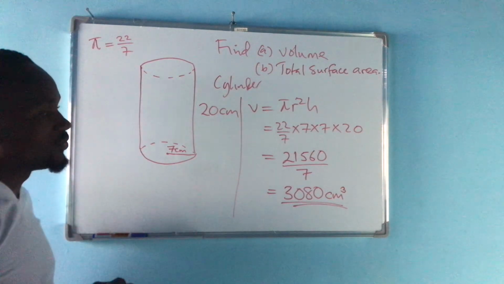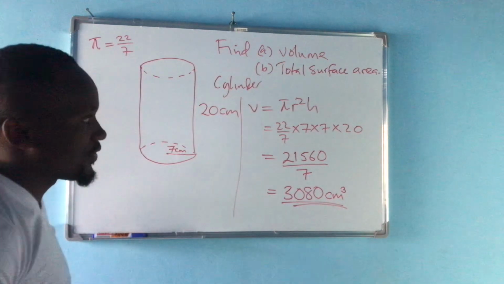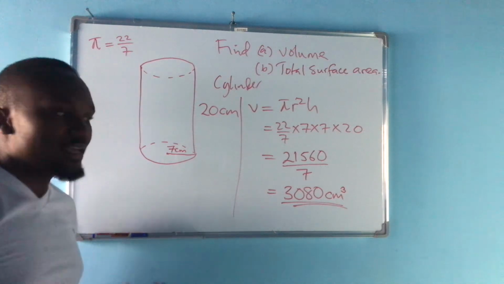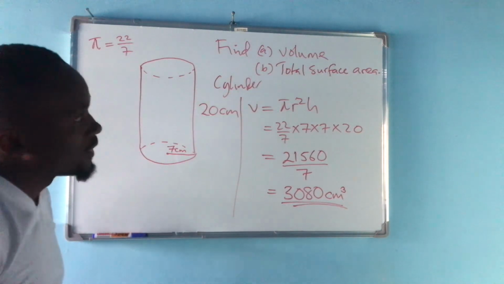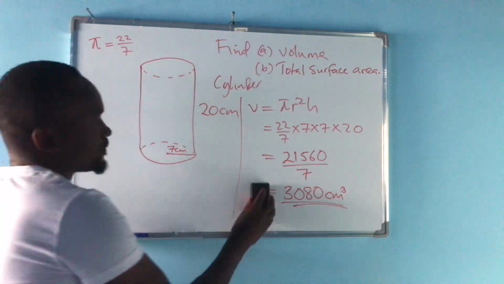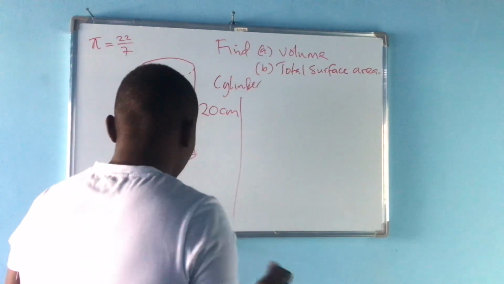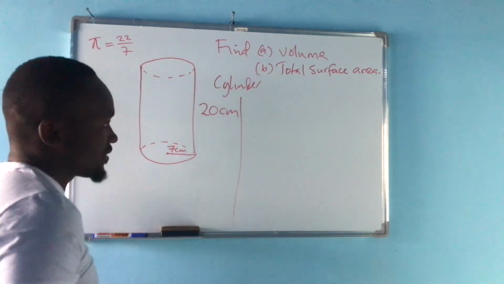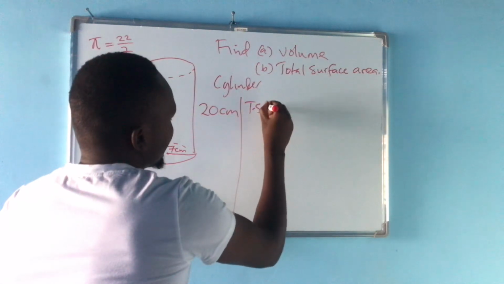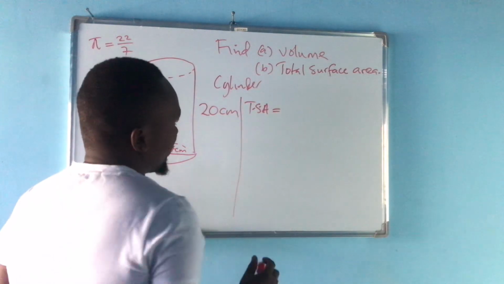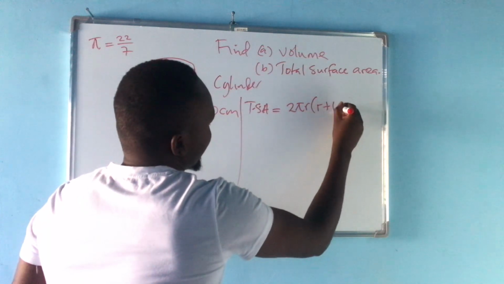The next thing we're going to do is look at the total surface area. How do we go about finding it? Like I demonstrated earlier, you just need to use the same formula. The formula we're going to use is TSA equals 2 pi r, open bracket, r plus height.